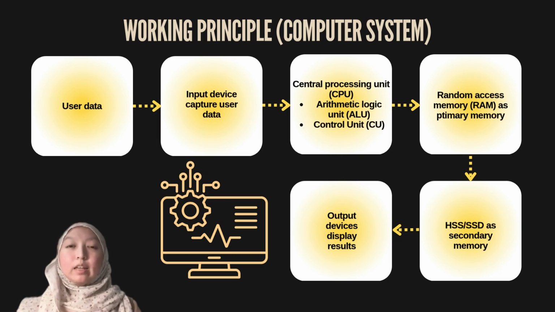If needed, data is also saved permanently in the secondary memory, like a hard disk or SSD. Finally, the processed result is displayed through output devices such as monitors or printers. This entire flow, from input to processing to output, is how a computer system operates to complete tasks.